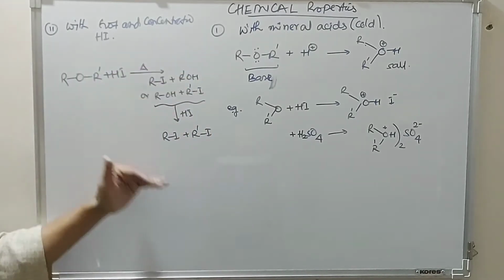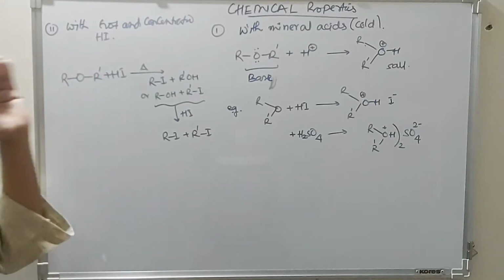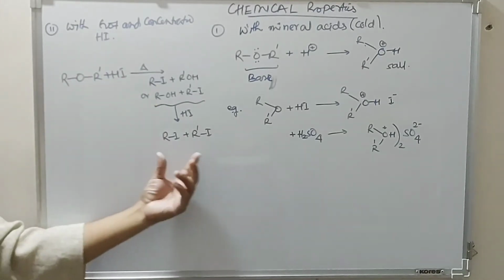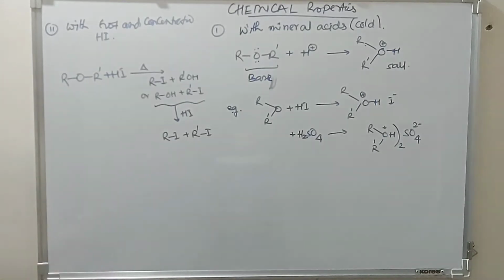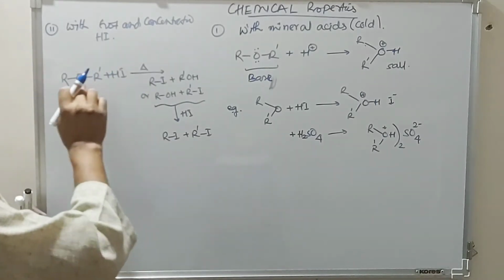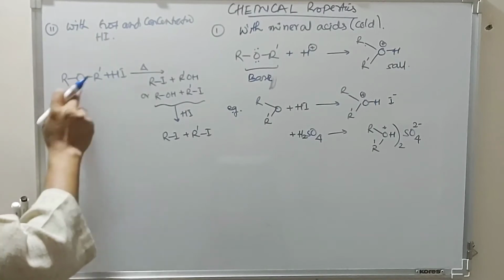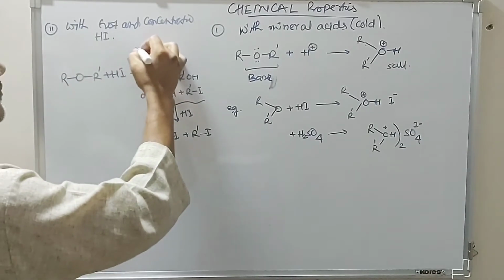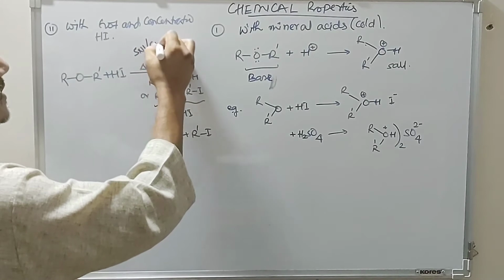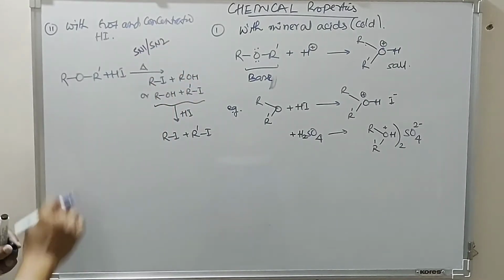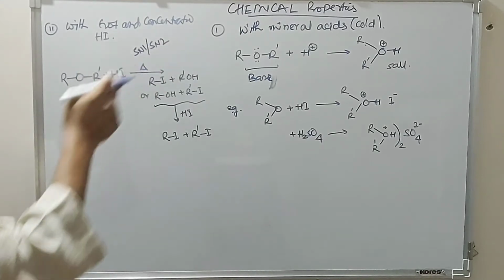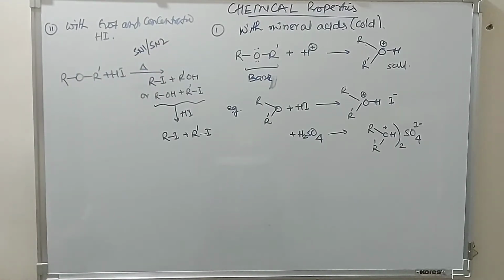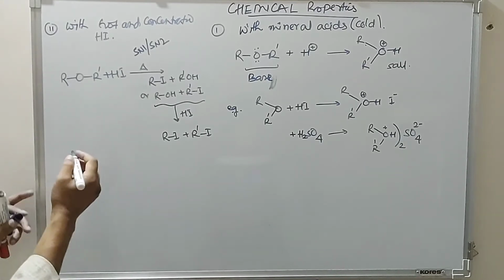But if we take excess of HI, then both will be converted into alkyl iodide. As I told you, this breaking of the RO bond or R prime O bond may follow SN1 or SN2, so we need to understand which mechanism should be followed.